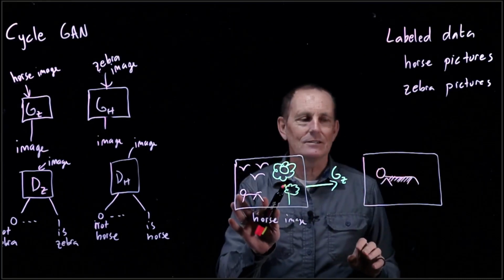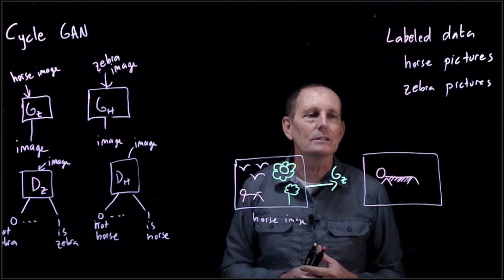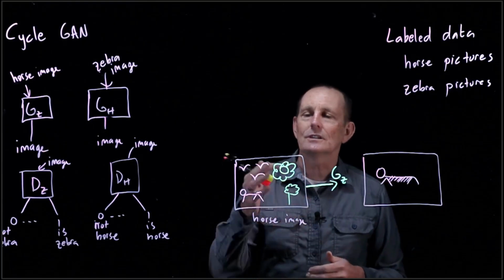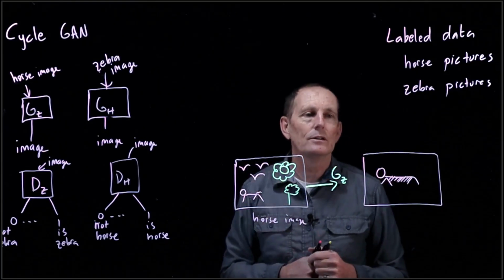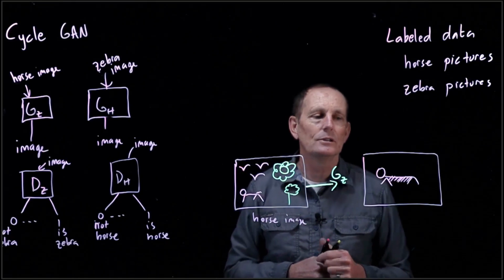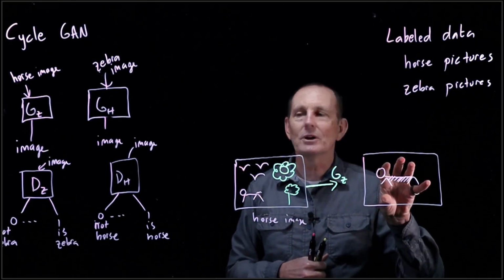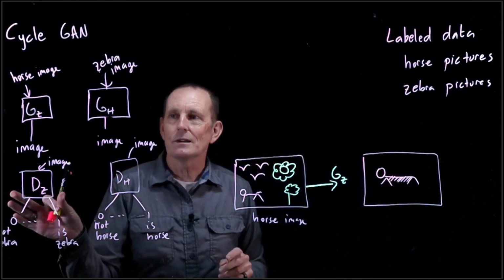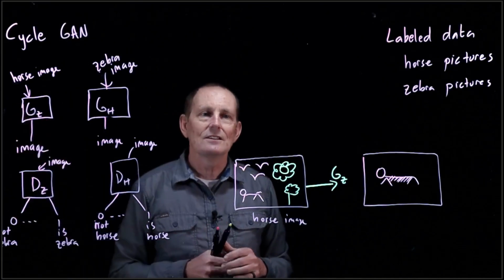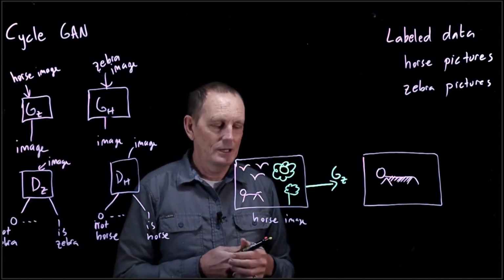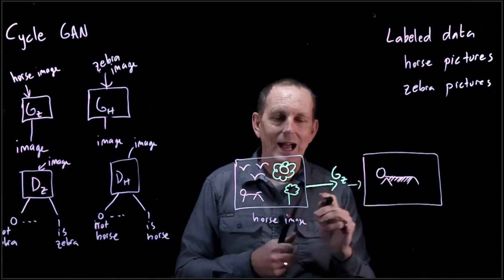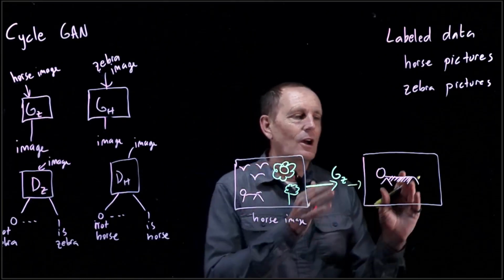It doesn't even need to be in this orientation. It might be facing right. And there might be no trees, no birds, and no sun. If this is a good enough zebra to fool the discriminator, then G sub z thinks, I've done a great job. I took an image, and I created a zebra image.